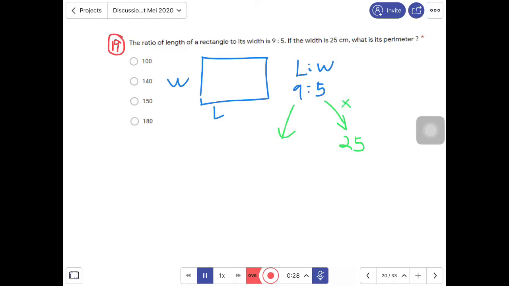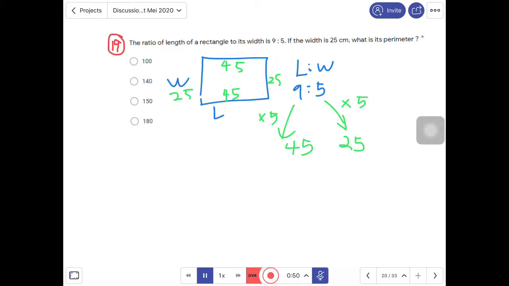So we get 25 by multiplying 5, therefore length also we multiply 5, so you get 45 for the length. Therefore, here you get 45 for the length, and the width is 25 and 25.